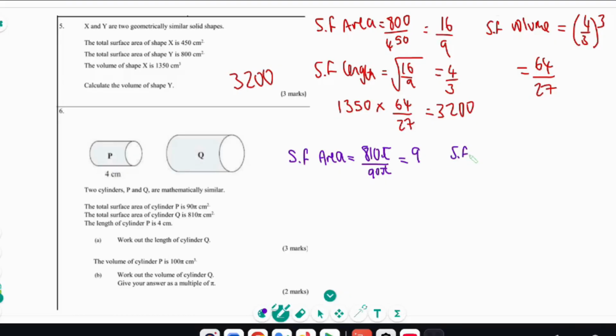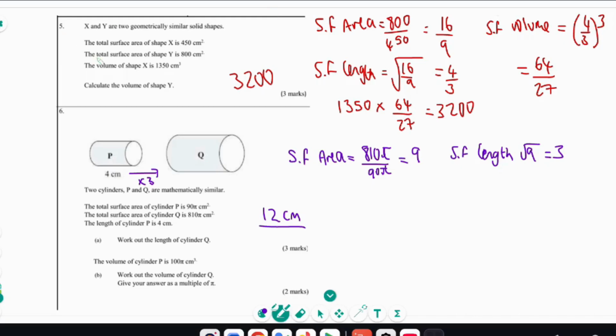Scale factor for length is square root 9, 3. Length of P is 4, so if we times that by our scale factor for length, which is 3, we get 12 centimetres.